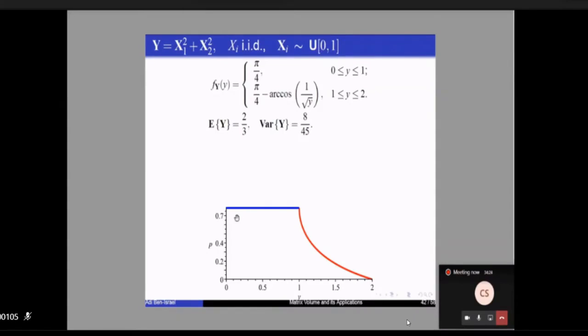It is constant from 0 to 1, and after this it goes down according to pi over 4 minus arc cosine of 1 over square root y. So it is pi over 4 from 0 to 1. So if we have a conditional density, that is, I add the condition that the value of y must be less than or equal to 1, I get a uniform distribution from 0 to 1, which is very strange.